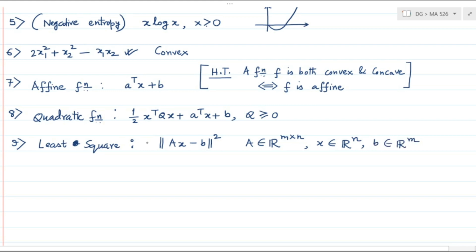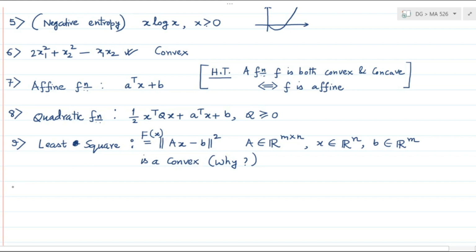This is the function f(x) equals norm Ax minus b squared. This is always a convex function. You find the Hessian of this function, and the Hessian is positive semi-definite. Can you prove that the Hessian of this function f(x) is positive semi-definite? Try to prove it, and on a later day I will prove that if a function has a positive semi-definite Hessian, then the function must be a convex function, and therefore that will verify that a least squares function is always a convex function.